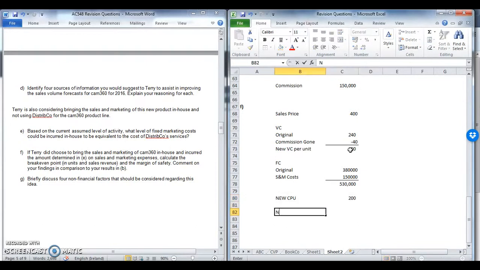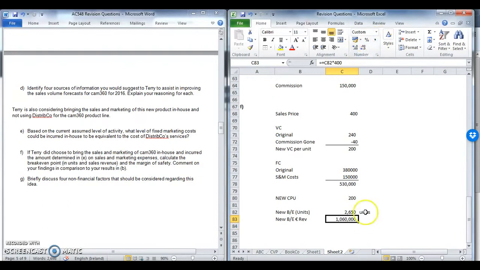And now our new break-even in units is your total fixed cost, which is 530 over 200, which is 2650 units. And remember, you're asked for a new break-even in euro rev as well, and that would be essentially, the sales price hasn't changed, so it's 2650 times 400.